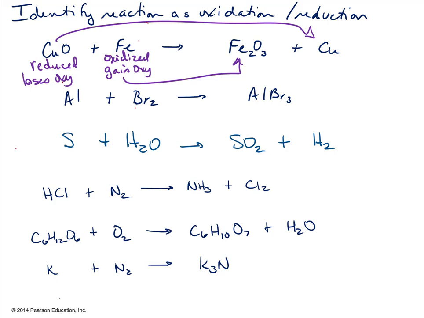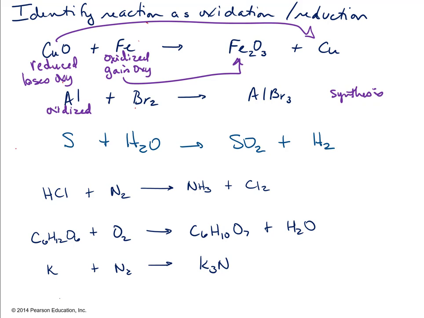So the next one, what gets oxidized in this? And why? Think about what kind of reaction it is. So what gets oxidized? The Al or the Br2? Al. Why? Because it's a metal, right? So remember that this is a synthesis reaction. The only examples I gave you of oxidation reduction with synthesis are metals and nonmetals.